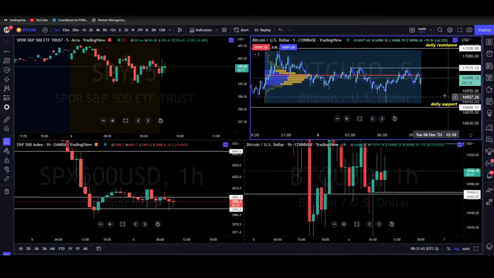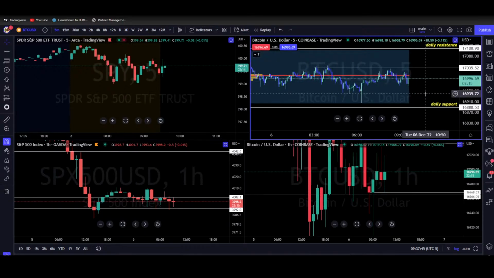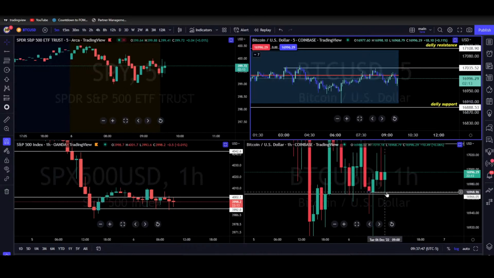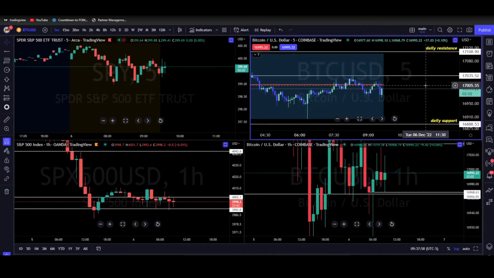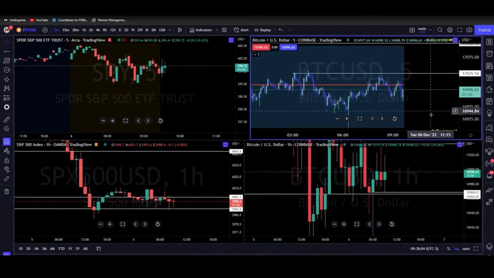So let's see what happens here. We are currently long Bitcoin. When we tag this down in here, long Bitcoin, long the SPY. So if I'm wrong, I will exit that position and we will be done for the day. If I am correct, then we will let it ride for a little bit.